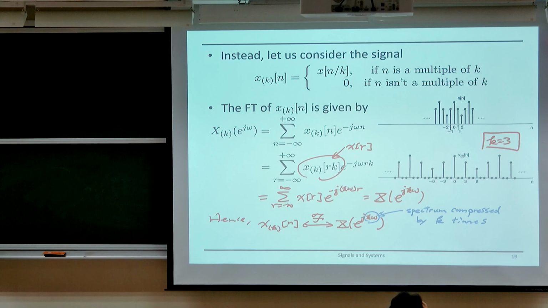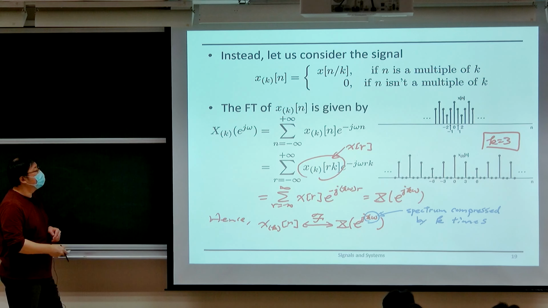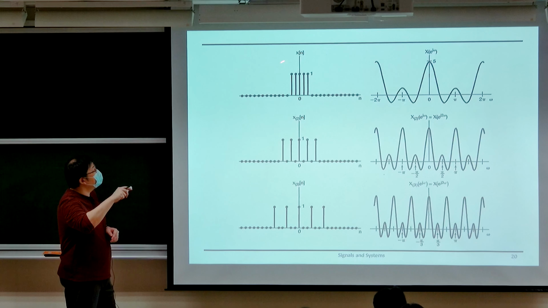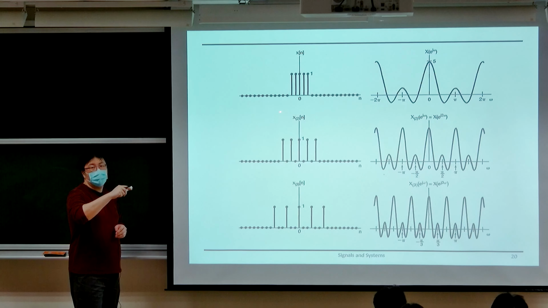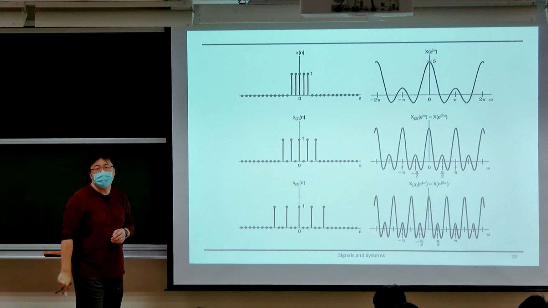All right. Now let's look at an example of this. Suppose we start out with this square wave for x[n], which gives you this sinc-like spectrum as we derived before.